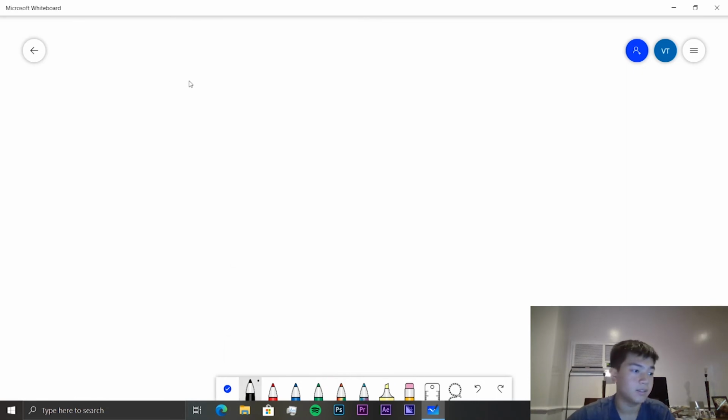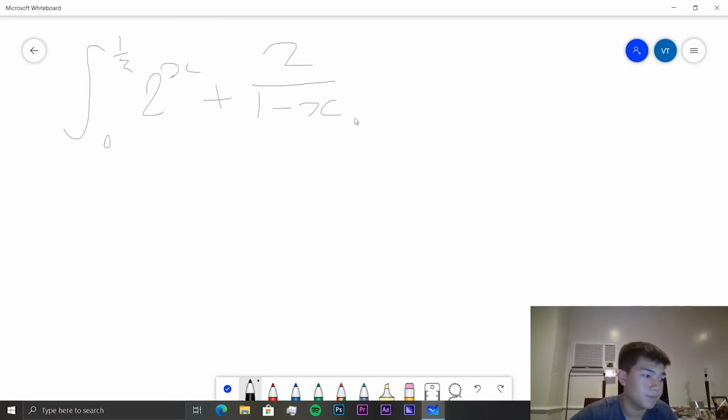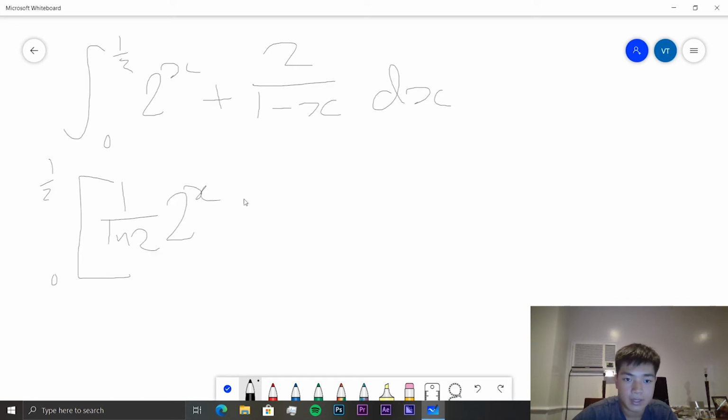Okay, and then on to the final one, which is the integral between 0 and 1/2 of 2 to the x plus 2 over 1 minus x dx. And so I think we can just integrate this one on the spot. This is equal to 1 over ln 2 times 2 to the x, minus 2 ln|1 minus x|.